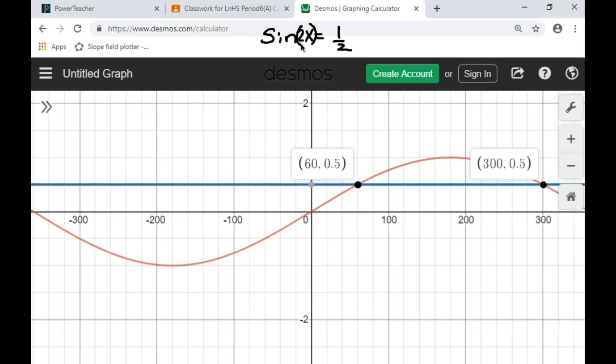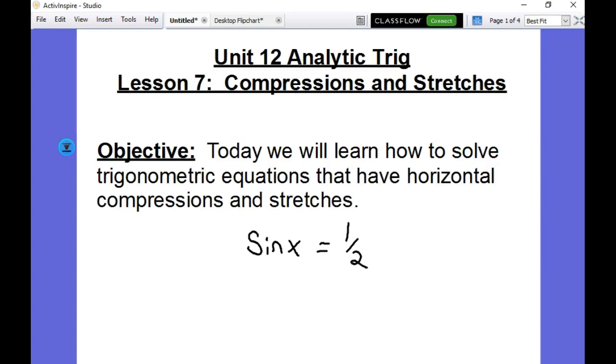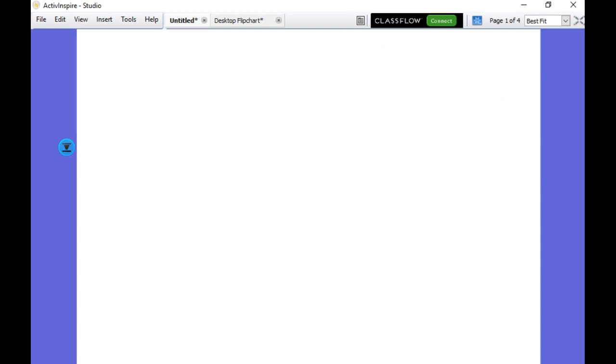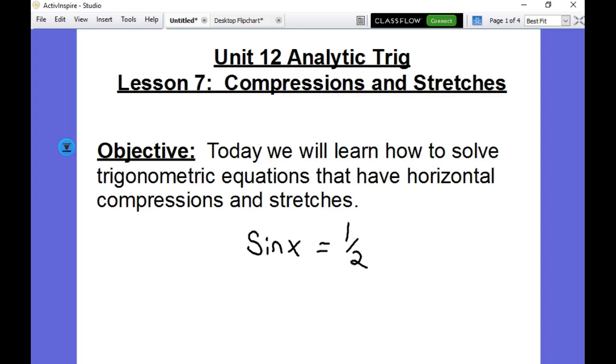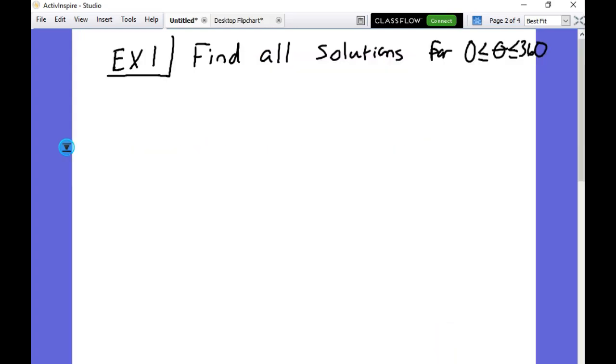We're going to be solving equations today that have vertical and horizontal stretches on them. Let's go ahead and write down example 1 real quick.